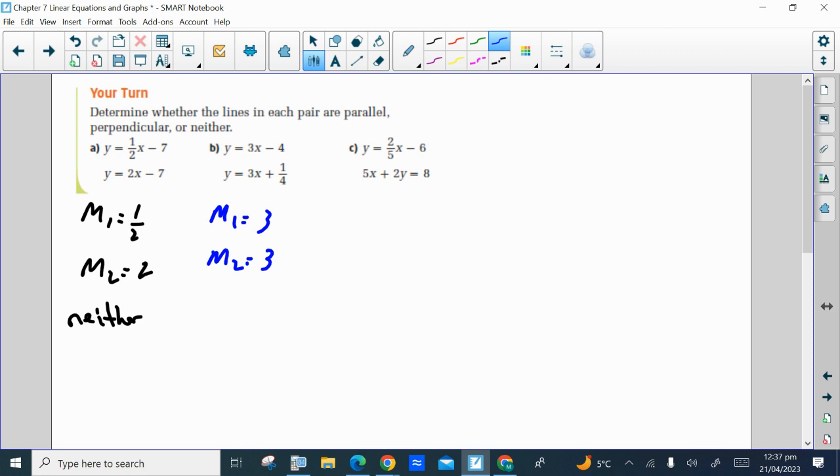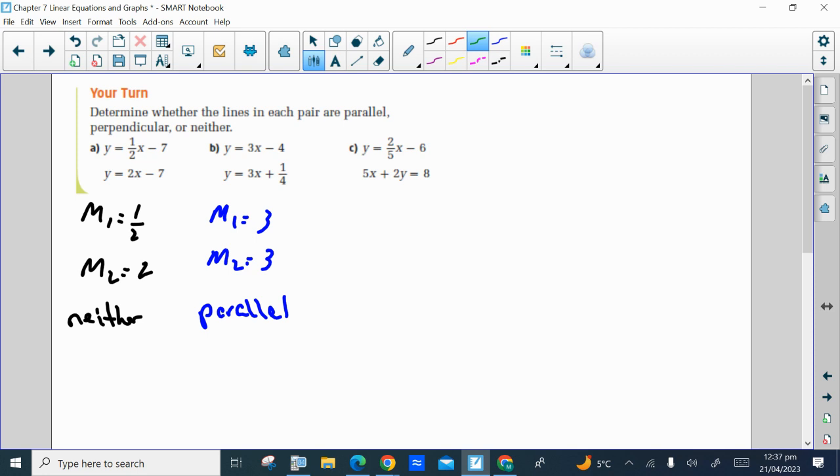The coefficient of x tells you the slope. So, are these two lines parallel? Because their slopes are the same. These two lines will go at the same angle. They will be parallel, which means they will never intersect.